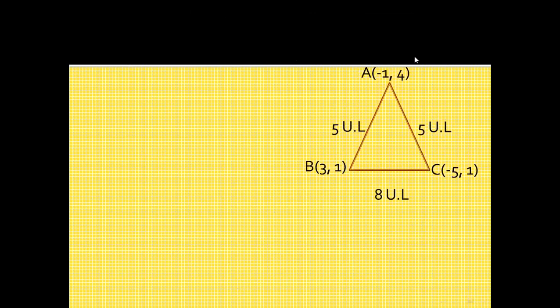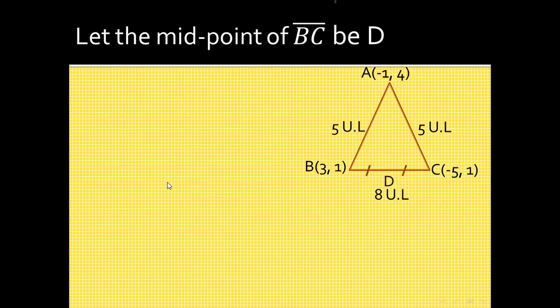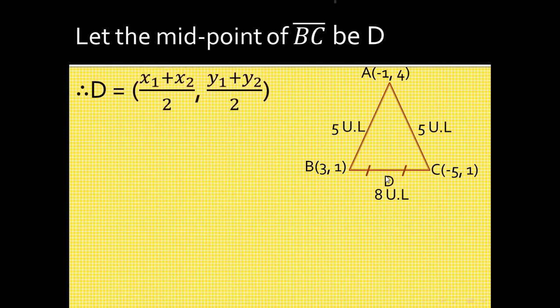Draw this triangle: point A equals (-1, 4), point B (3, -1), point C (-5, 1), with sides 5, 5, 8. To find the area, we must find D, the midpoint of BC, as we studied today.